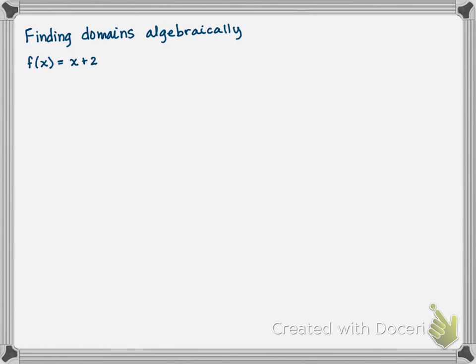So this function says add 2 to the input. That's the rule for our function. If we want the domain of the function, what we're asking ourselves is what numbers can I add 2 to? I should not have used 2. 2 is going to get really annoying. What I'm asking myself is what numbers can I add 3 to?